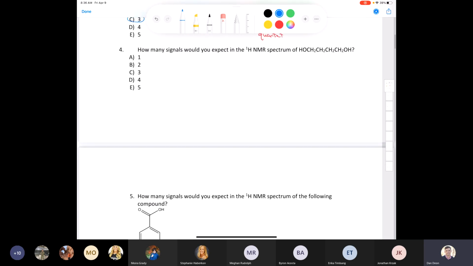How many signals would you expect to see in the proton NMR spectrum of this glycol? A glycol is just a molecule where you have 2 hydroxyl groups, and we'll talk about glycols in organic chemistry too. If I draw out this molecule, I have 1, 2, 3, 4 carbons. Then I have a hydroxyl here, and I have a hydroxyl here. It might not be abundantly clear from the way that it's drawn, but if we draw the molecule like this, and there is free rotation around all the carbon-carbon bonds, you can see that there is an axis of rotational symmetry.